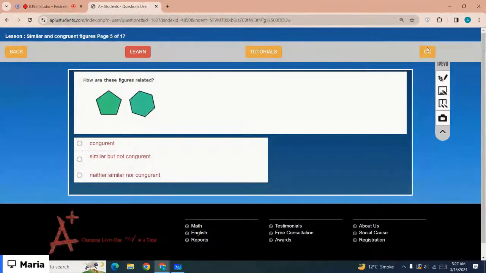How are these figures related? Neither similar nor congruent, because the shapes are different and the side lengths are also different, so they are neither similar nor congruent.